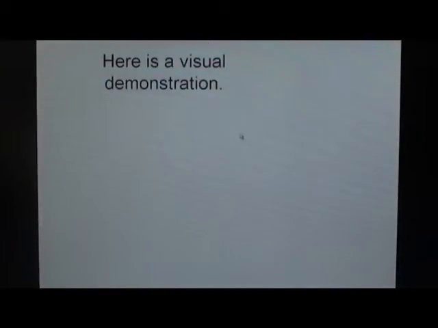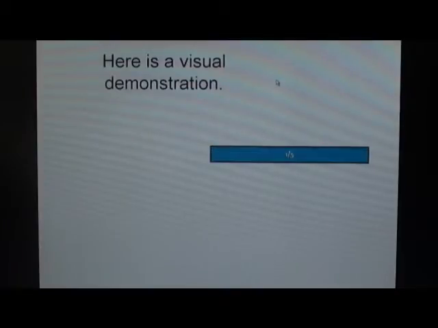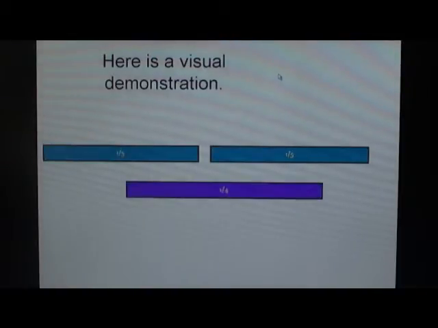This is a visual demonstration of that same problem, just using these bars. There's the 2/5, and there's the 1/4. You can see the difficulty in trying to add these because they are different sizes. When we finally settled upon 20ths as the first fractional pieces that would equally fill in a fifth and then also fill in fourths, this is what we ended up with.